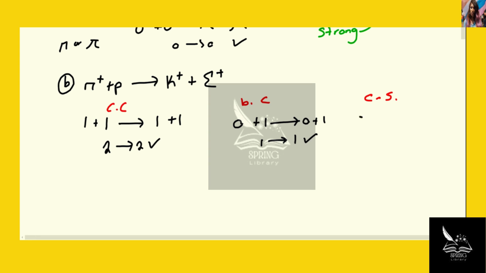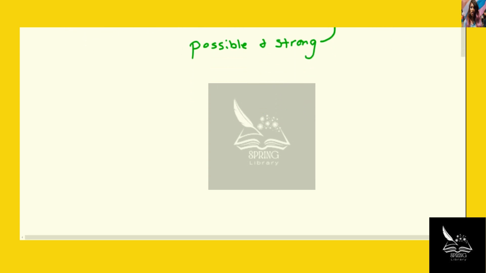So -1 plus 0 on that side, and the other side is -1 plus 0. So we have -1 to -1, so that checks out. That means this is possible and strong, and it's strong, like I said before, due to the baryon.